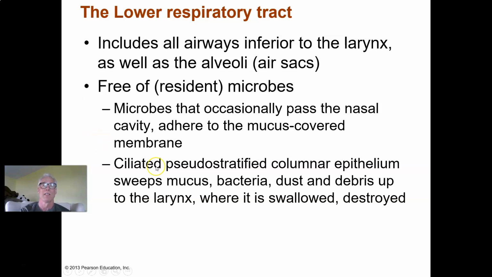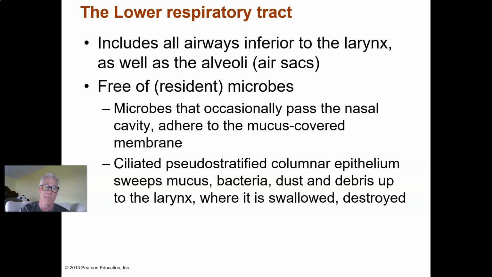There's a specialized epithelium in the nasal cavity, in the sinuses, as well as in those airways of the lower respiratory system, a pseudostratified columnar epithelium, which eventually morphs into a ciliated cuboidal epithelium.